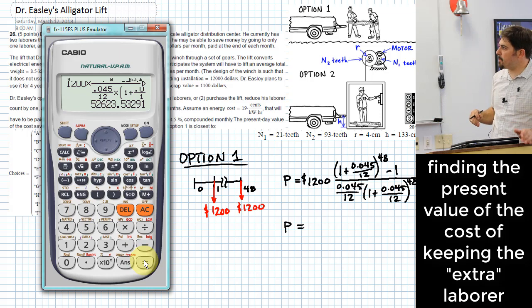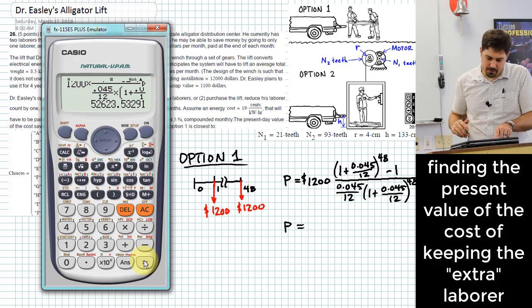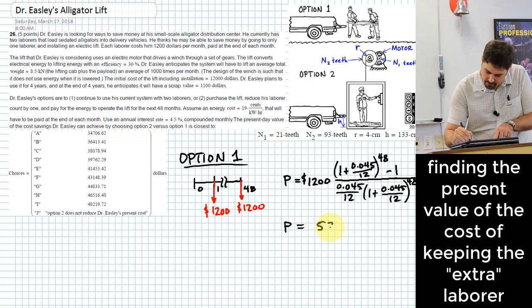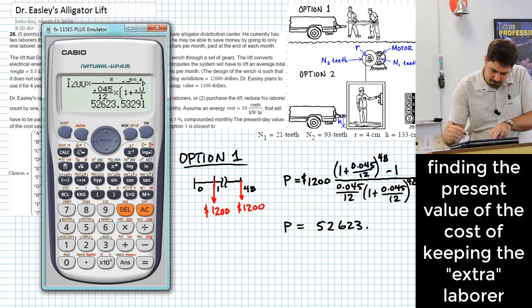Okay, so the cost of keeping the employee for the 4 years is going to be equal to $52,623 and 53 cents.